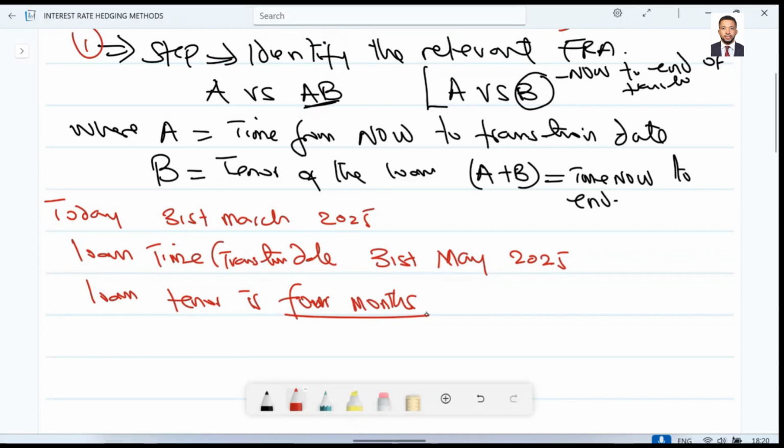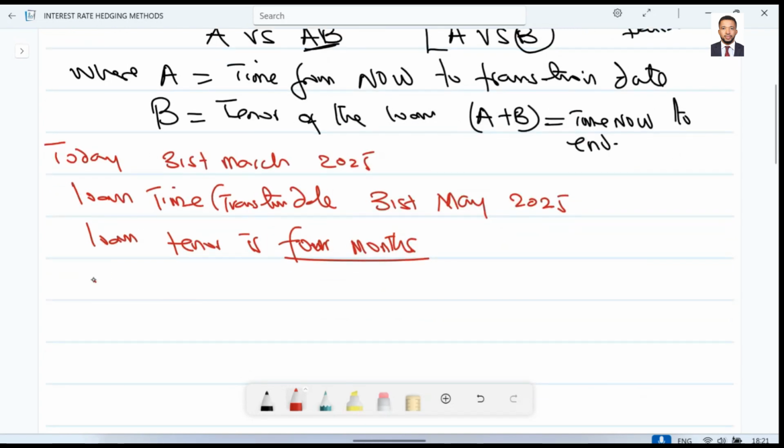2 versus 6. What you are saying is correct, but in the exam, see what you are doing here. 2 versus 6, yes.